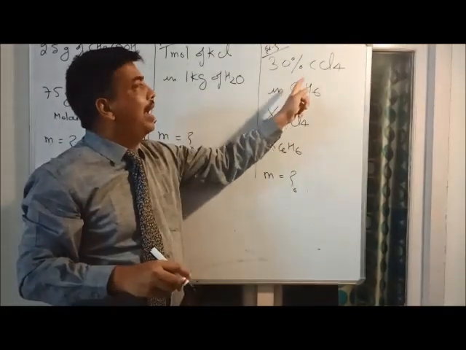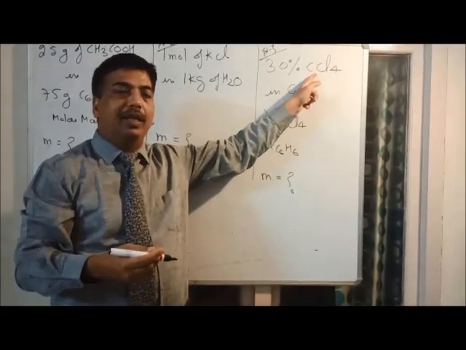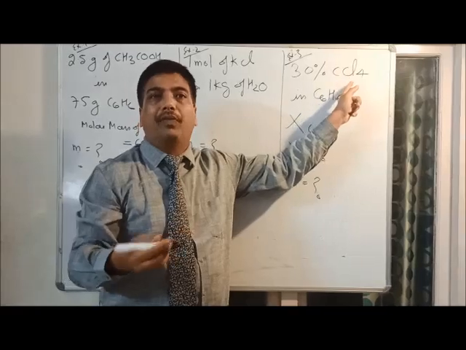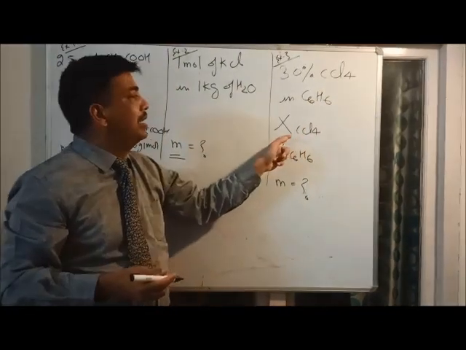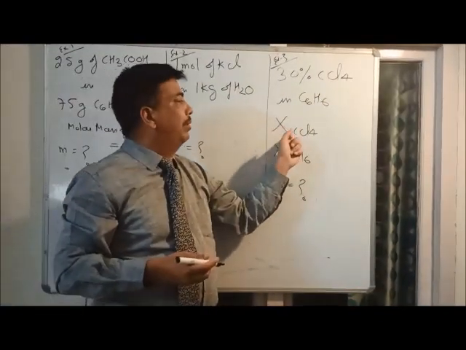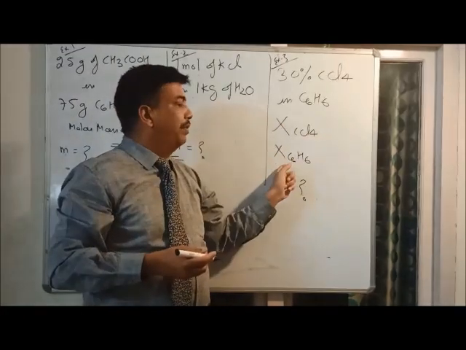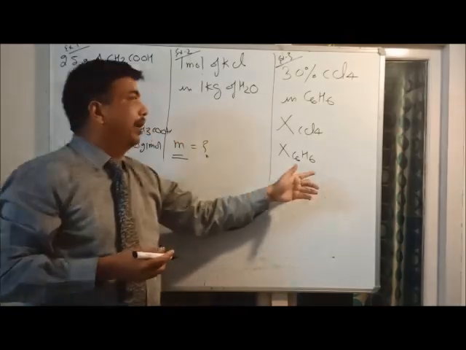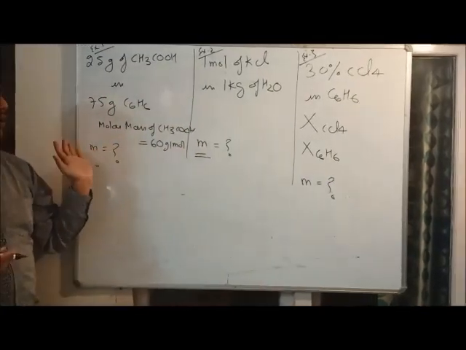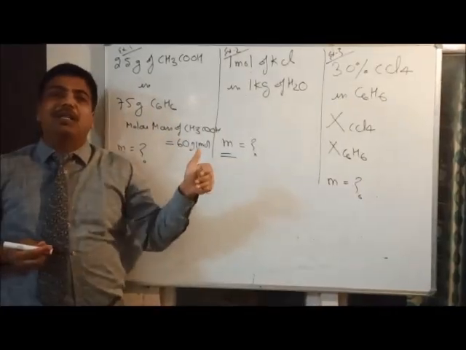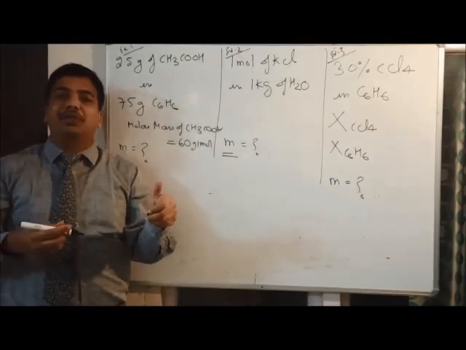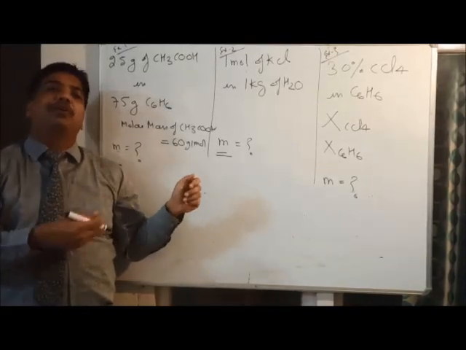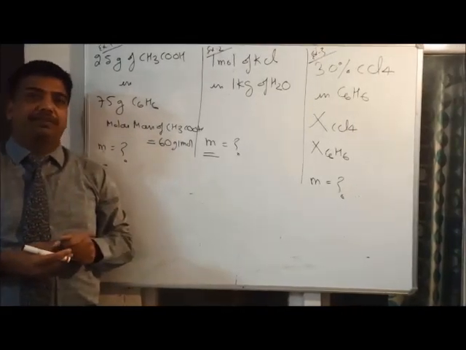It means benzene and CCl4 are mixed together and the solution's concentration is given as 30% weight by weight, right? And you are asked to determine the mole fraction of CCl4, the mole fraction of benzene and the molality of the solution. In all these three examples, you have to calculate yourself. You can pause the video for 1 or 2 minutes, solve it and see whether your solutions match the answers given or not.